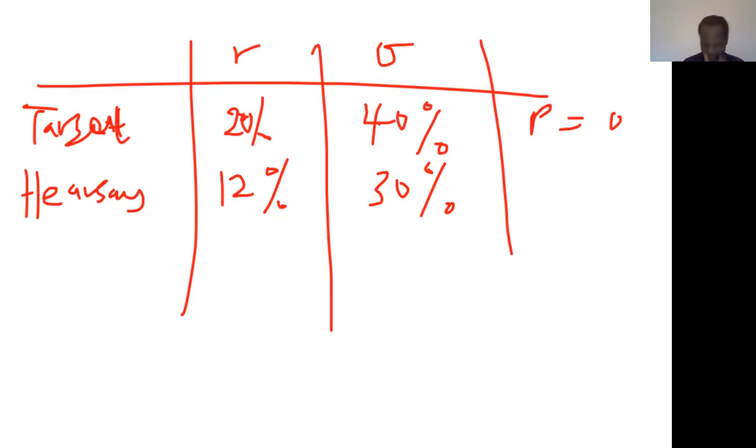When you say equal weight, that means the weight of target equals the weight of C equals 0.5.